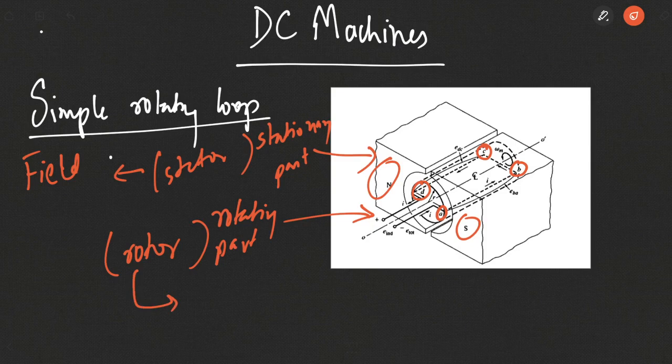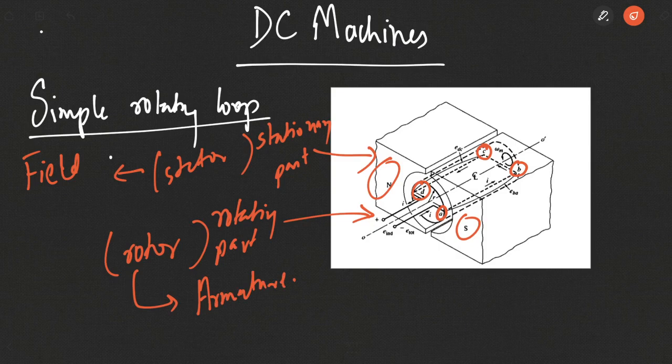This rotating part refers to the coil through which current is made to flow in case we want a motoring operation, or, if it's a generator, the voltage is induced in this coil. This part is referred to as the armature.